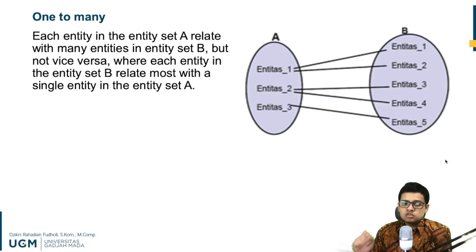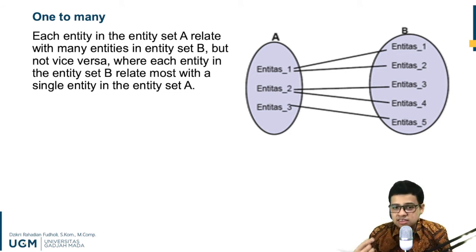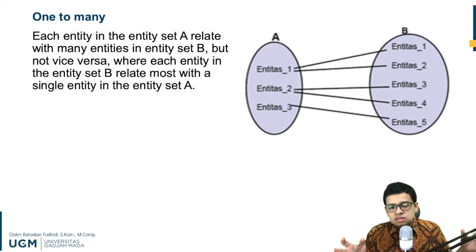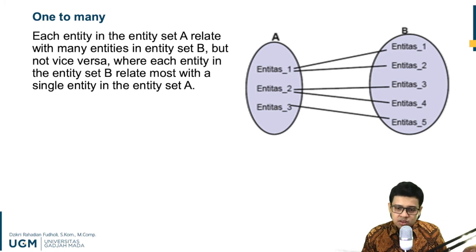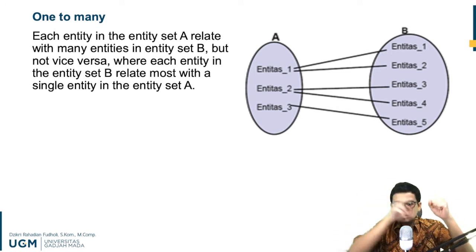The second one is one-to-many. Here, one entity can attach to several other entities, but on the other side, each entity can only attach to one. So only one to many.